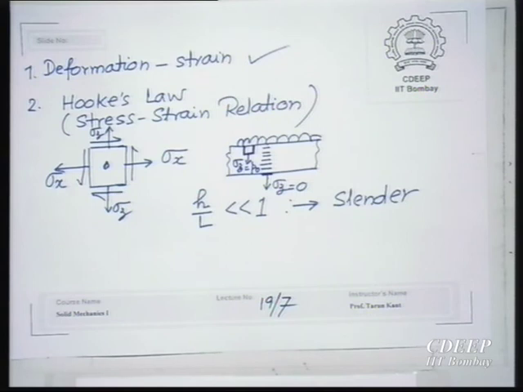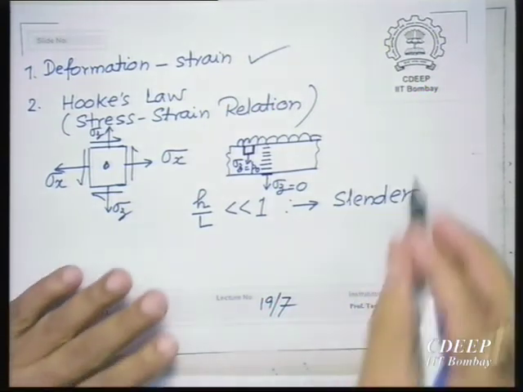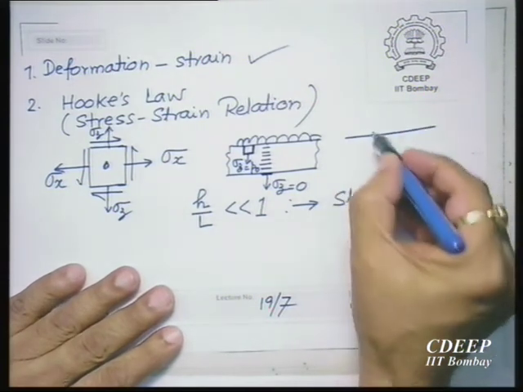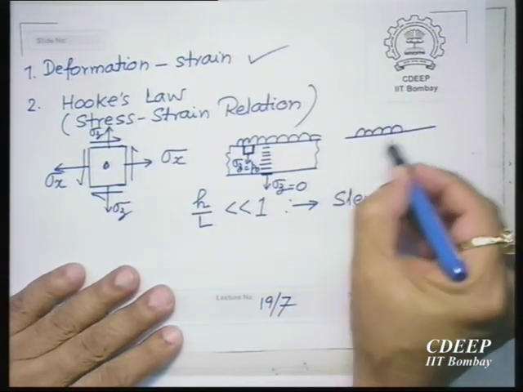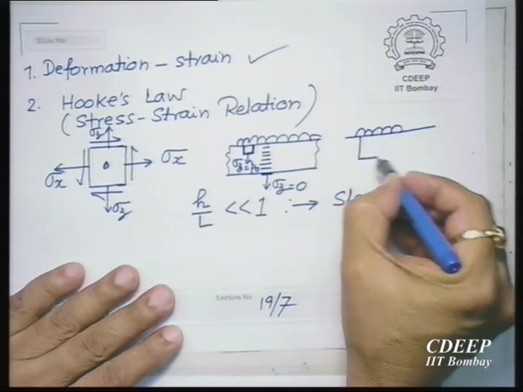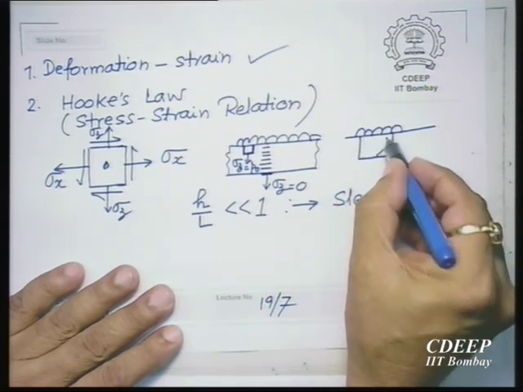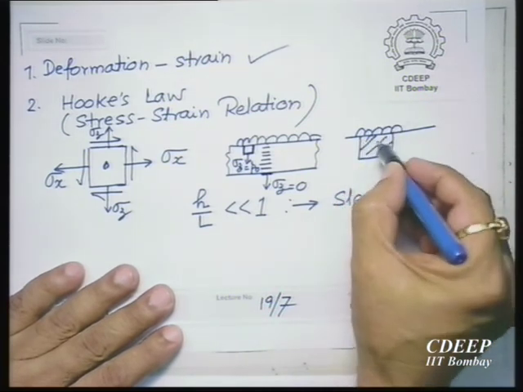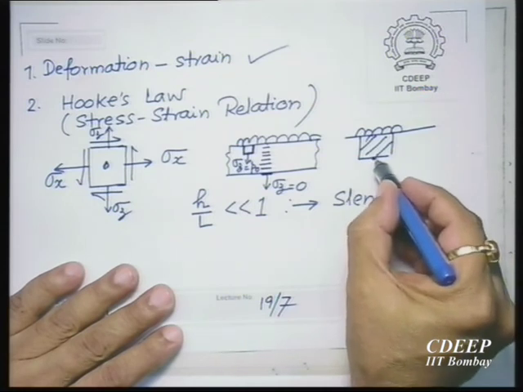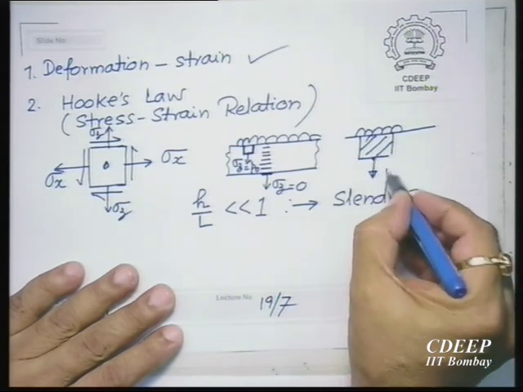Is it okay? Yes or no? What is the value at the top, if there is a load, and if I take my element over here, this is my element. This is sigma z.